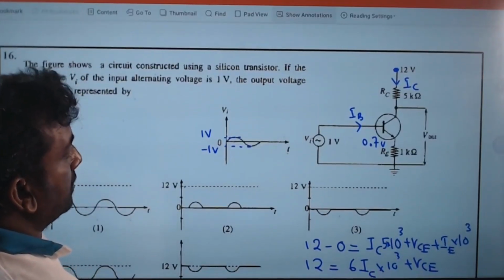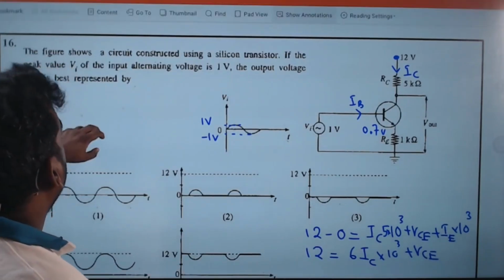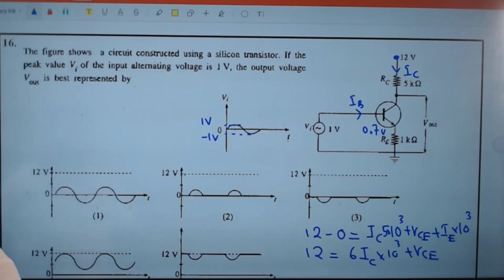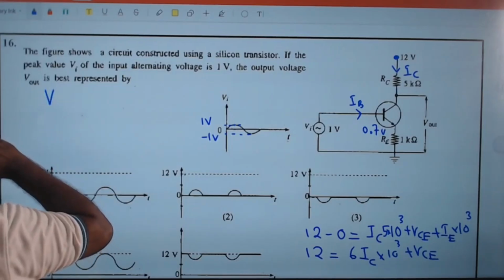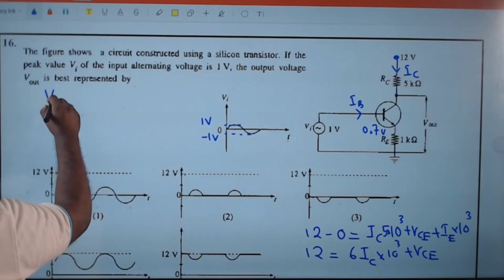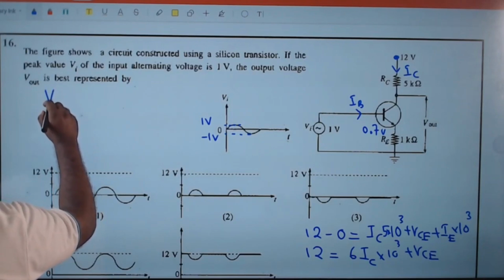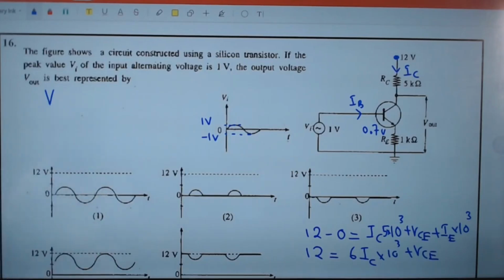Output voltage. Active region. Saturation region.